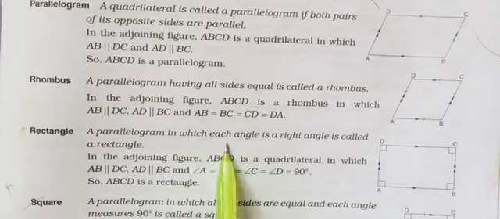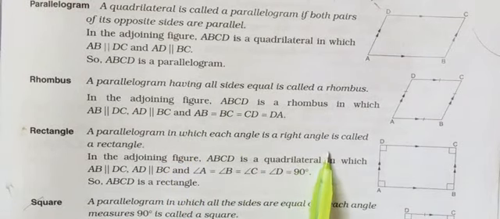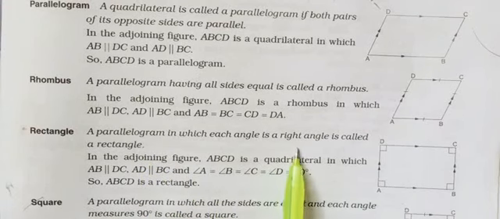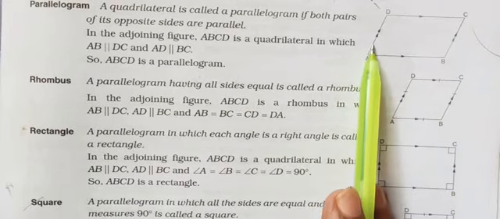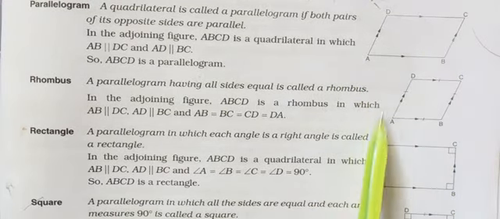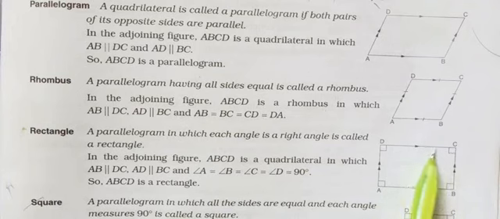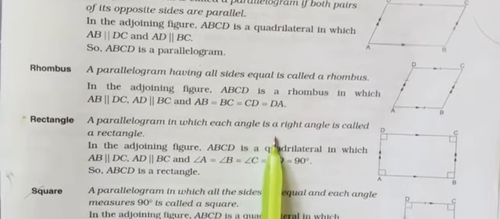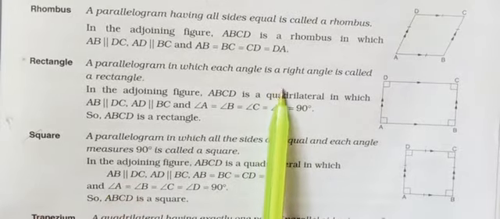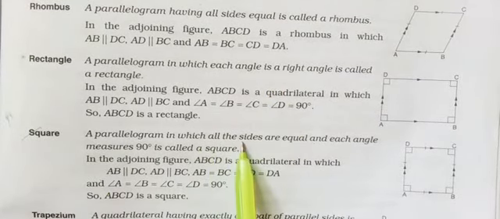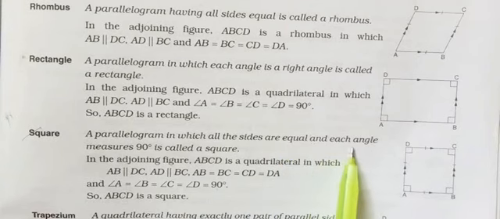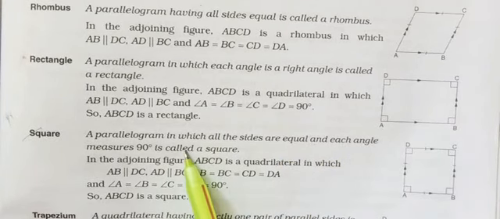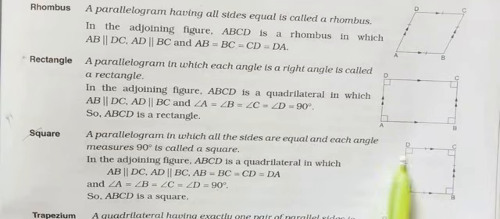A parallelogram in which each angle is a right angle is called a rectangle. In a general parallelogram these angles are not right angles, but if the angles are right angles, then the parallelogram is a rectangle. Next, square. A parallelogram in which all the sides are equal and each angle measures 90 degrees is called a square.